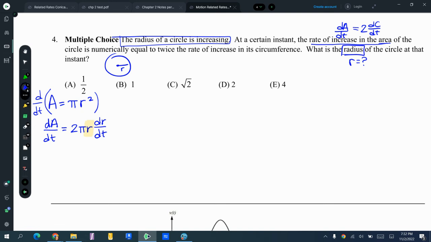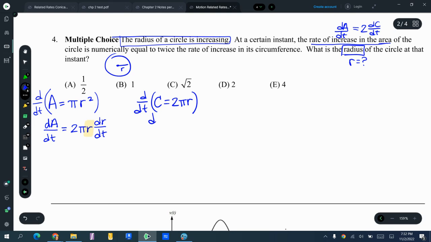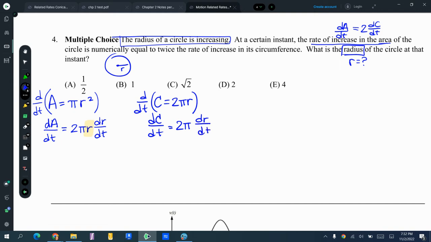They give us information about the circumference, so let's maybe try the circumference. So circumference equals 2 pi r. Well, let's go ahead and take the derivative of that with respect to time. So dC/dt is going to equal 2 pi dr/dt. I can do something with this because I see dr/dt is showing up.